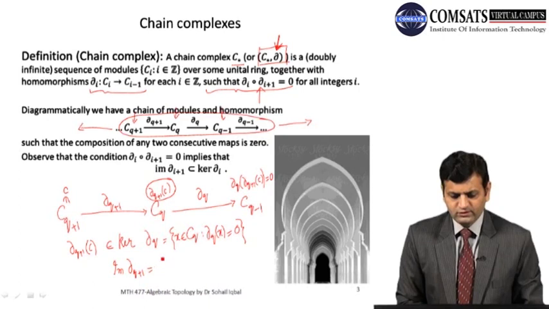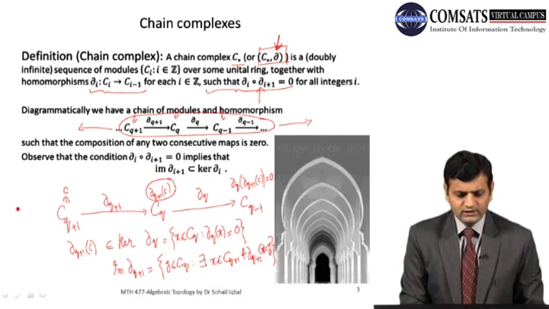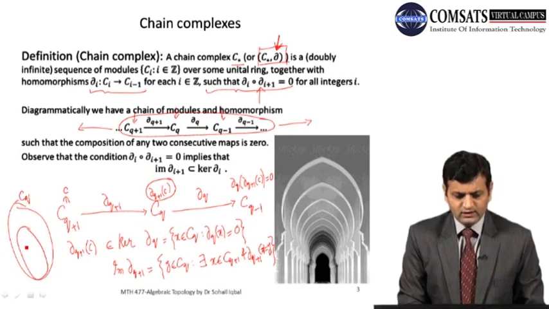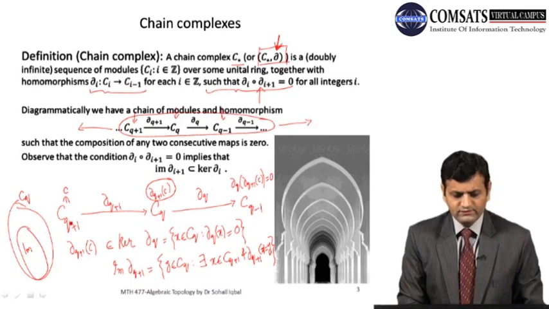We call this the image of partial q plus 1. So what is the image of partial q plus 1? It is the set of all elements y belonging to C_q such that there exists x belonging to C_{q+1} with partial q plus 1 of x equal to y. So let's say this is C_q, then some elements of C_q are images of elements of C_{q+1}.